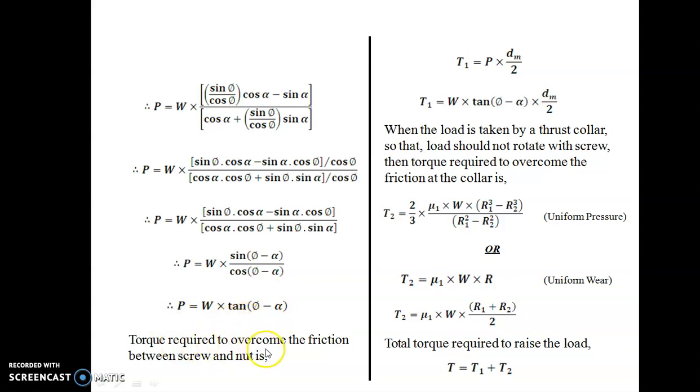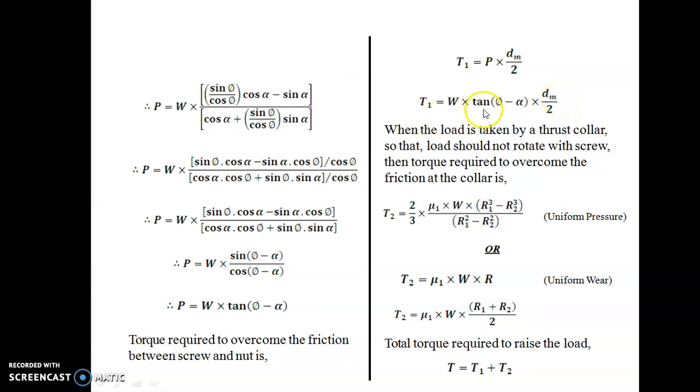Now the torque required to overcome the friction between screw and nut is effort into radius. So T1 is equal to P into radius, that is P into dm by 2, where dm is the mean diameter.